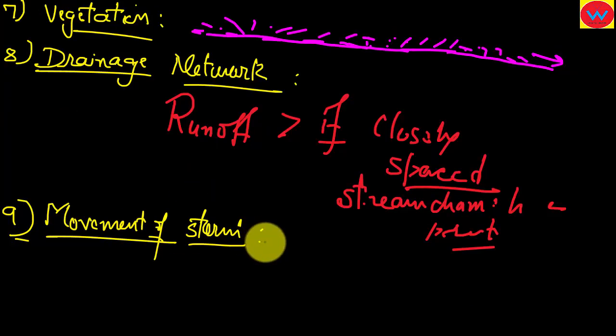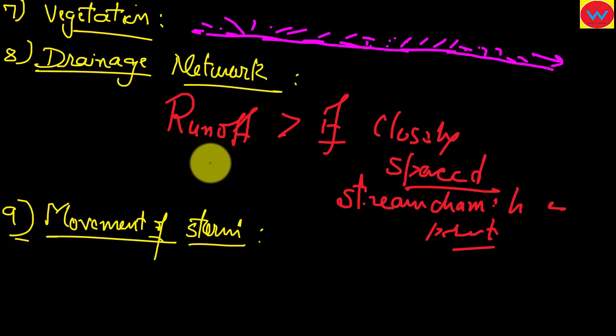Movement of storm also has some influence on the runoff characteristic. When the storm is moving upstream, that is, moving away from the mouth of the catchment basin, then the runoff peak will be less.